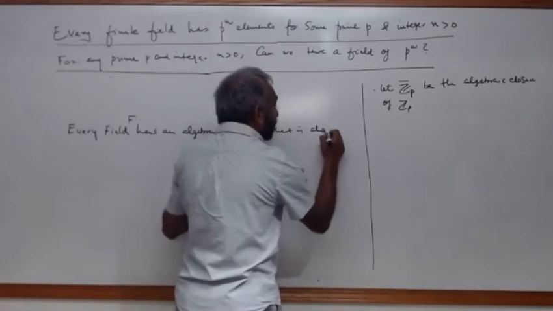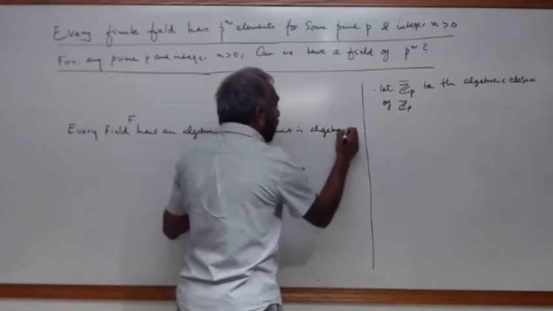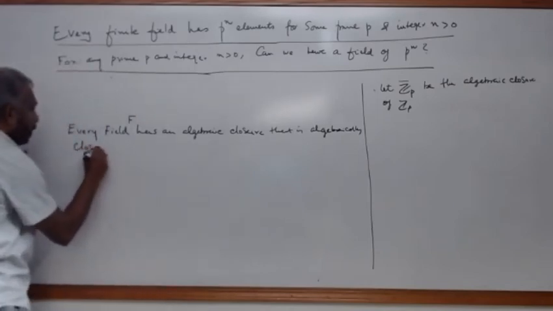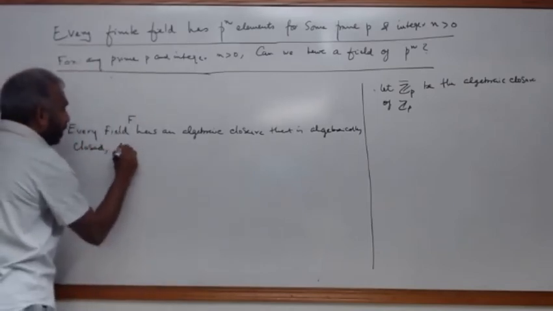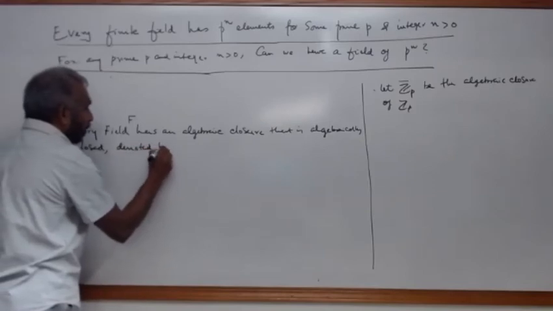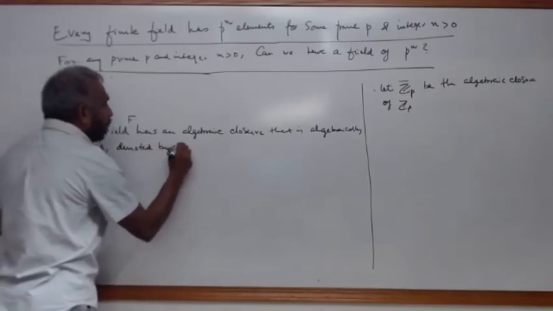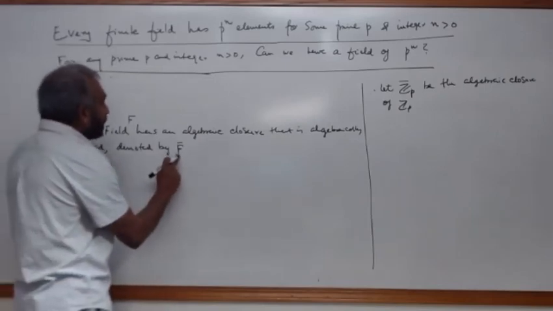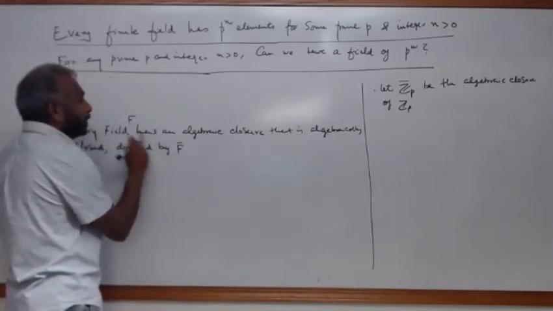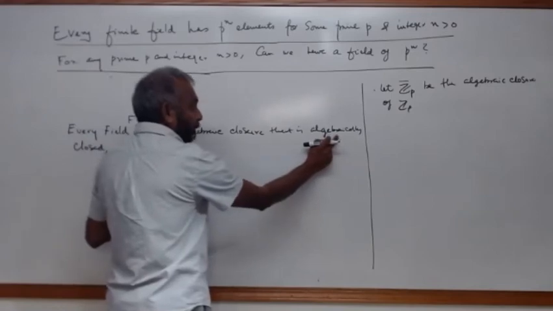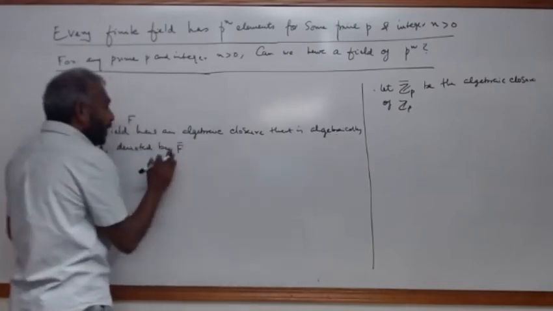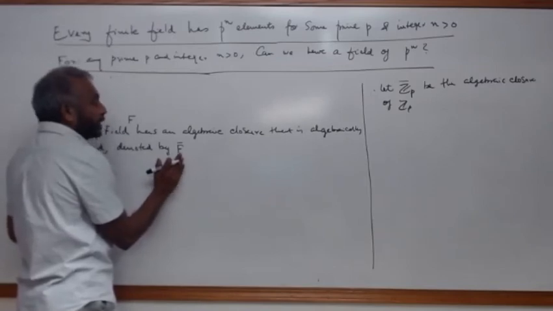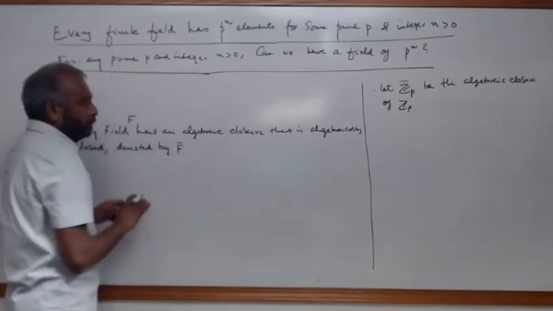We know this result. And it is denoted always by F bar. Meaning this closure of F is algebraically closed. Meaning every polynomial in here has a 0 in here.